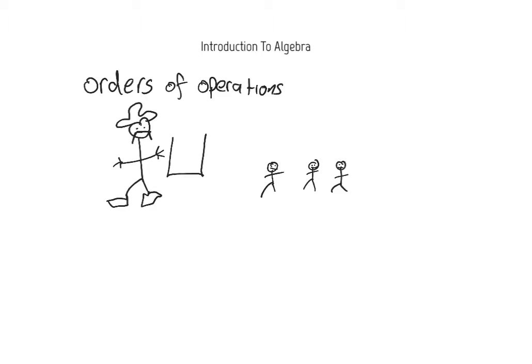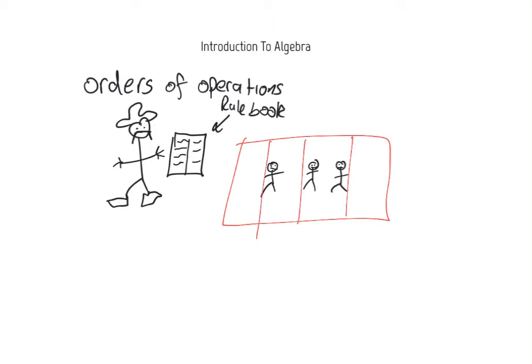Okay, so let's have a rule book. Now if the principal has a set of rules that the children need to follow and they don't, then there'll be trouble. There will be after school detention for those who don't listen. But in this case, with order of operations, if you don't follow these rules, you simply won't get the equation right.